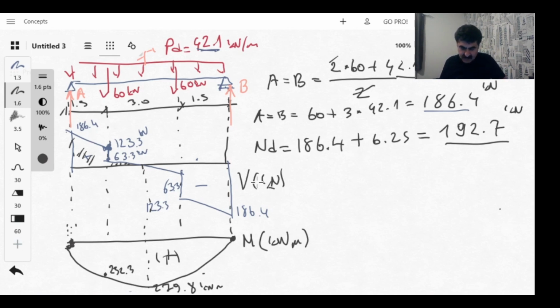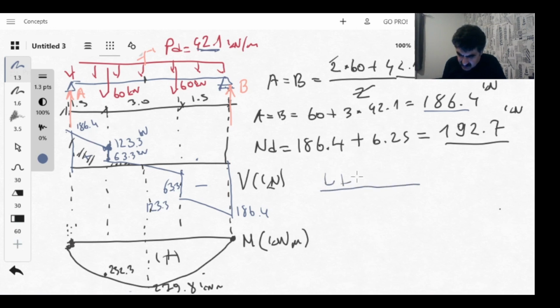Let me continue. Now the first section is done. But in this section, we don't need to draw all the diagrams. We know it is symmetric, so the maximum moment will be in the middle. Another way of calculation, we can have the free body diagram like this for 3 meters.